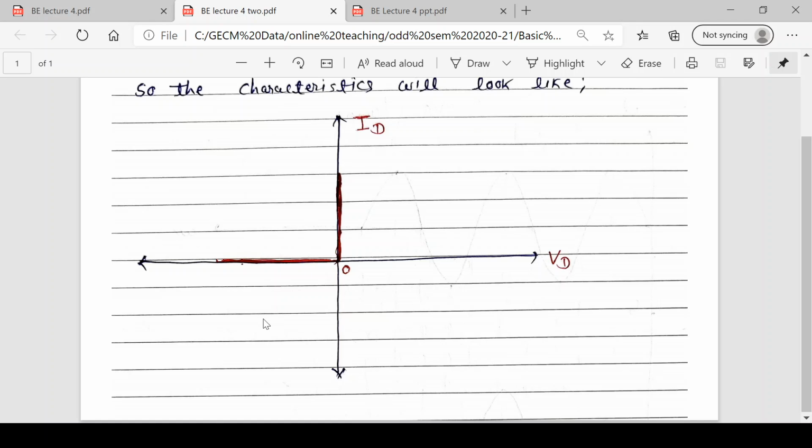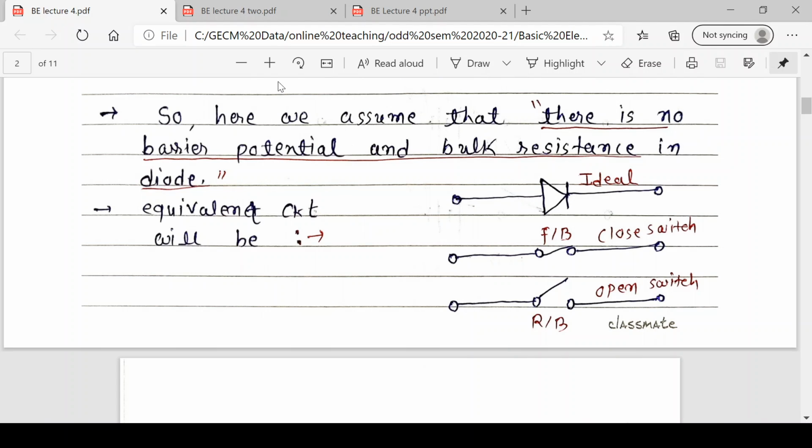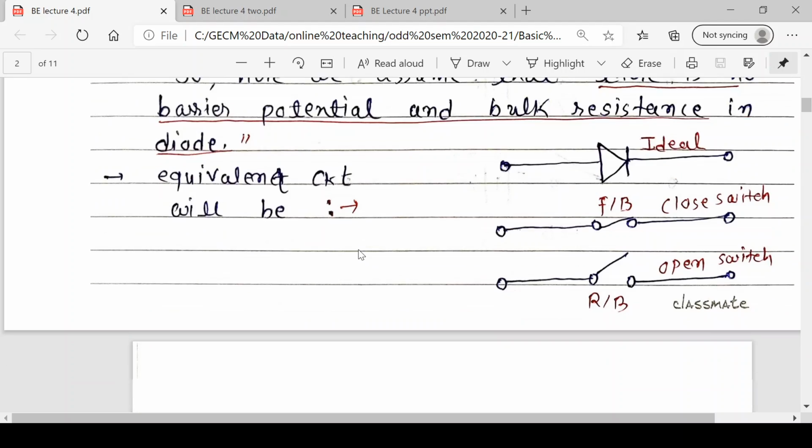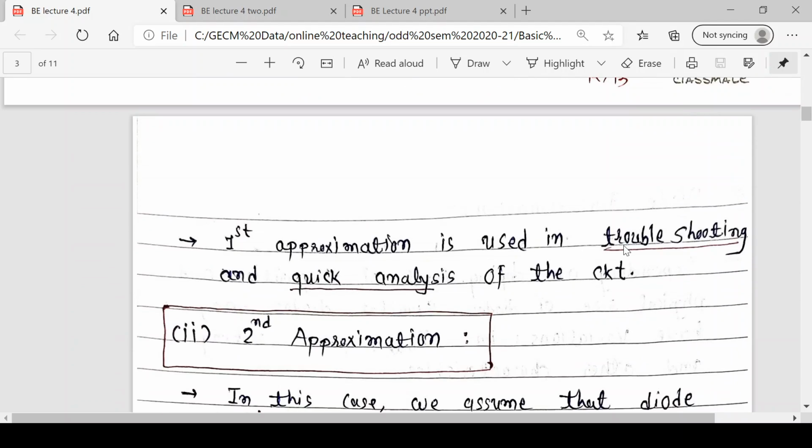It is just ideal. So we should have a question: where should we use this approximation? Who will use it? Such kind of approximation will be used by the people who are doing troubleshooting of any circuit problem, or doing quick analysis of any circuit.